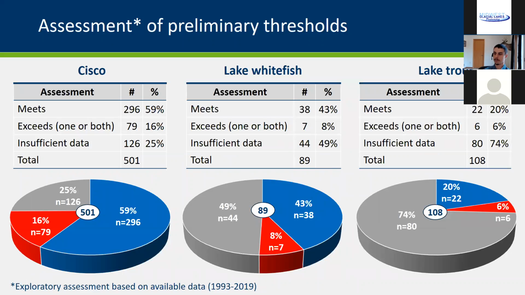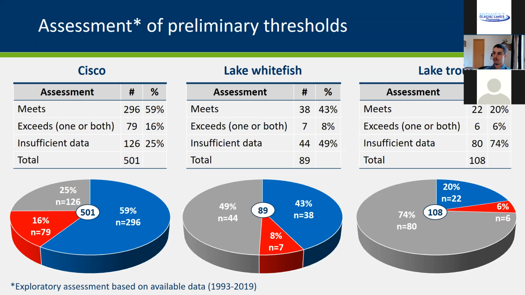Just putting these in the context of the list of lakes that we have right now, there's 501 Cisco lakes. About 16% of those exceed either the chlorophyll-a, the TDO3, or both of those preliminary thresholds that I've shown you. With the Lake Whitefish, it's 8%, and with Lake Trout, it's 6%.